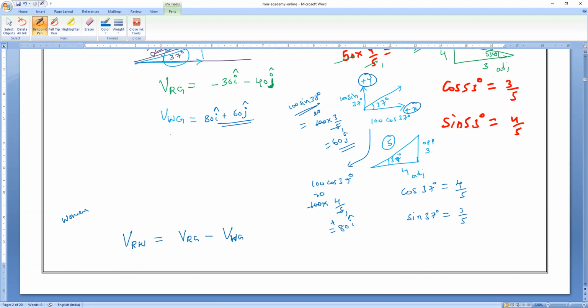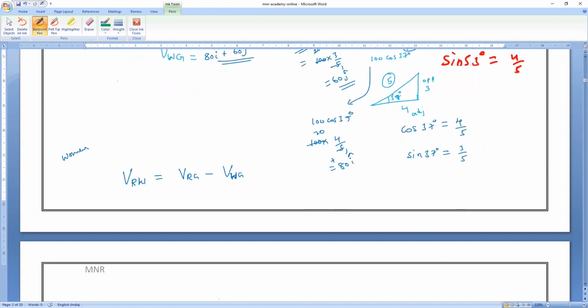Clear? Now, the velocity of rain with respect to ground, how much is the value? We found it: minus 30 I cap, minus 40 J cap, minus the velocity of the woman with respect to ground, which is 80 I cap plus 60 J cap.